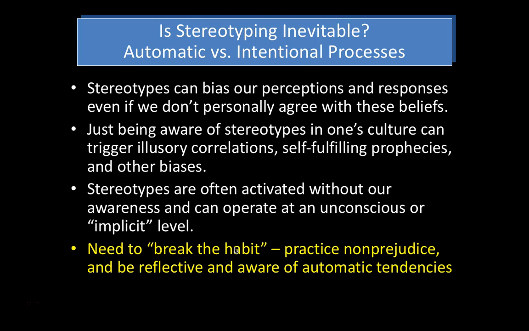Or if we're jumping to conclusions based on a stereotype or a confirmation bias, try to back off it and be conscious of the tendency to do that. So there's hope through learning to lessen our inevitable tendency to stereotype and to behave in prejudiced ways.